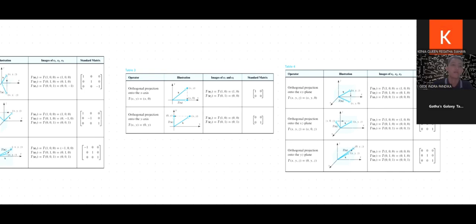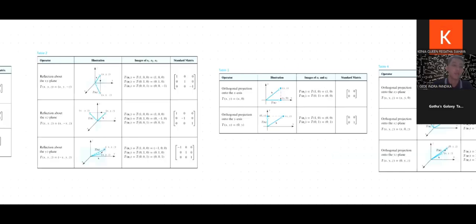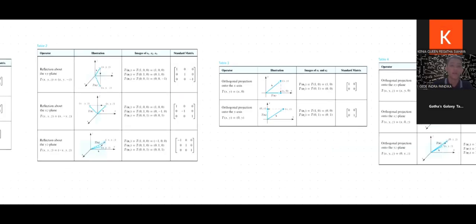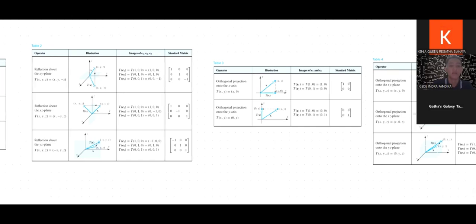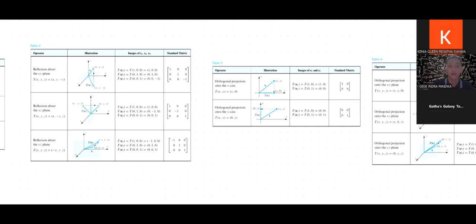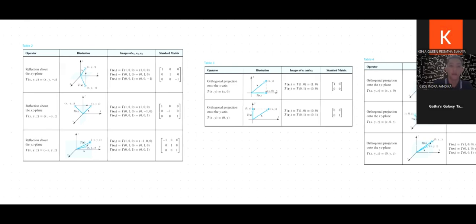The second is reflection about the xz plane. The general equation is T(x, y, z) = (x, -y, z). So here we change the value of y from positive to negative.